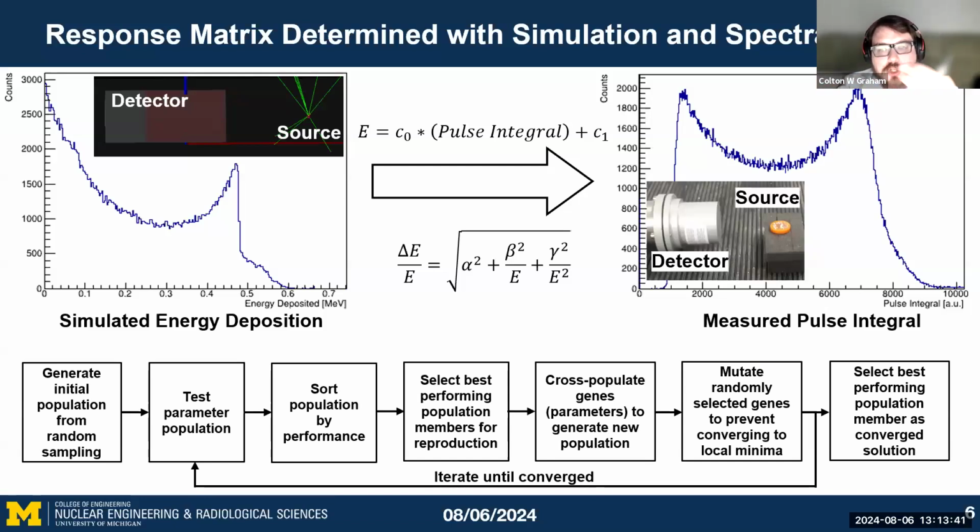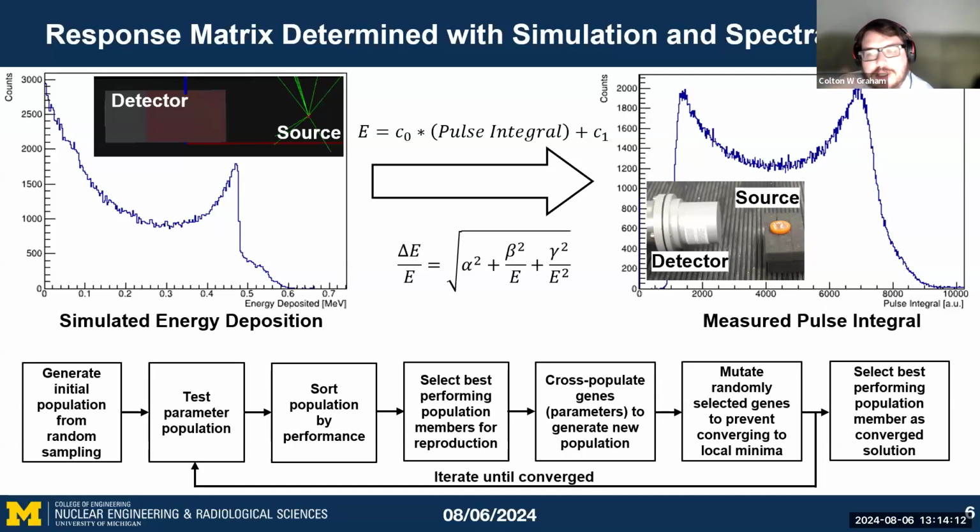You generate some initial population from the parameter space using Monte Carlo sampling, you test that, you sort it based on its performance, in this case, the chi-square test of how accurate the fit is to the measured data. You select the best performing members and create a new population by cross-populating genes, parameters, from those best performing members. And then typically you introduce some mutation into those new genes in order to keep the gene pool fresh and to prevent convergence to local minima.